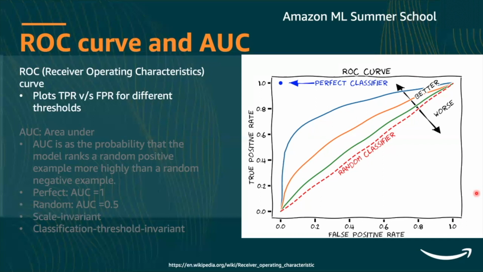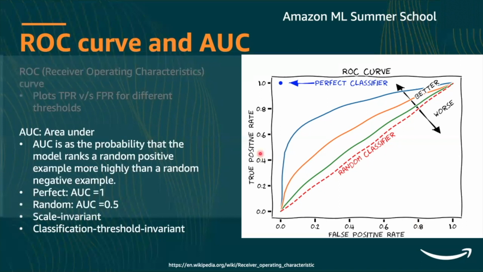Following the attack on Pearl Harbor in 1941 by the Japanese Army, the US Army wanted to know how good the prediction was for detecting Japanese aircraft from their radar signal. For this purpose, they measured the ability of the radar receiver operator to make this distinction, and hence the name receiver operating characteristic.